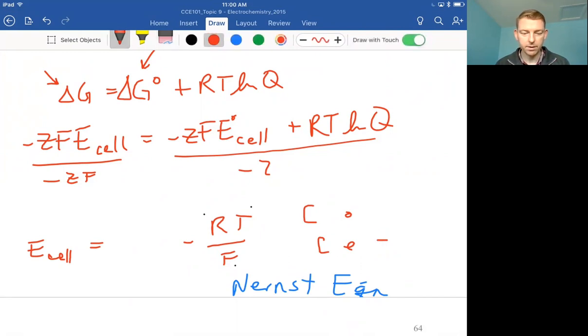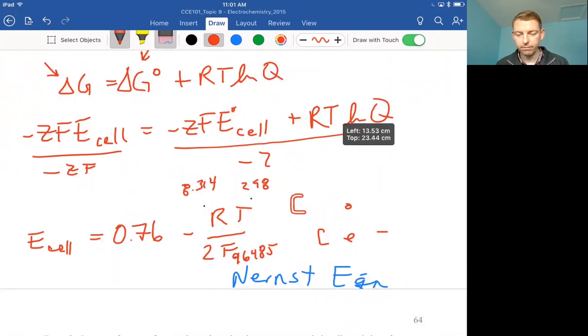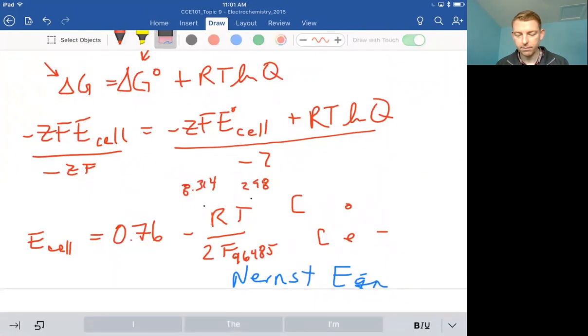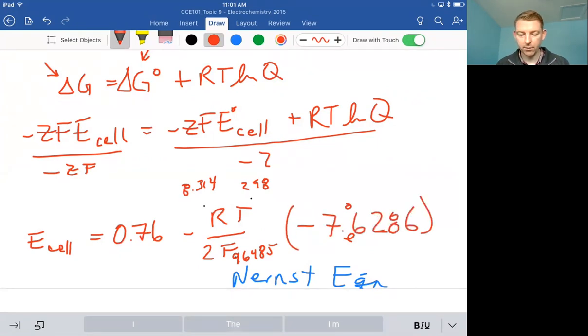Okay, let's try to write that in. 0.76 minus RT, so this is now 8.314 and 298. And Faraday's constant still 96,485. And this should all be multiplied by -7.6286. Okay, and we end up with a value of 0.86 volts.